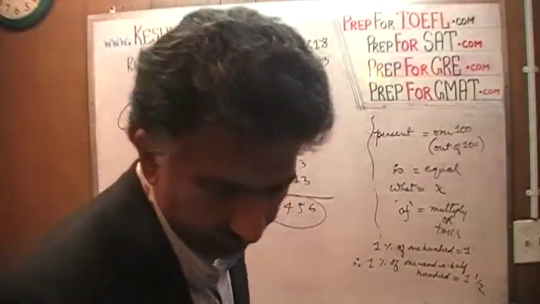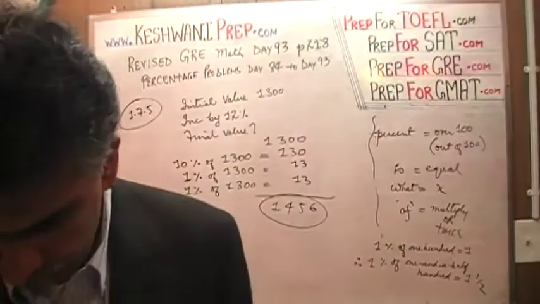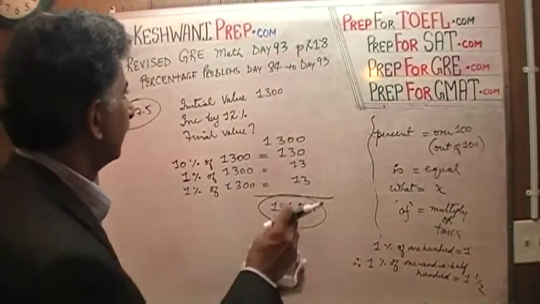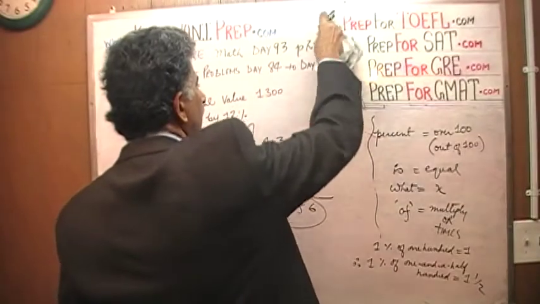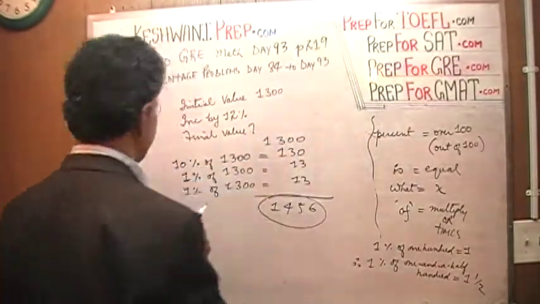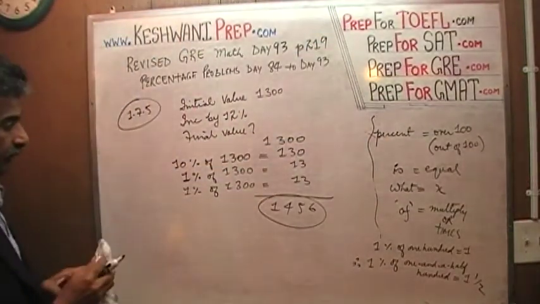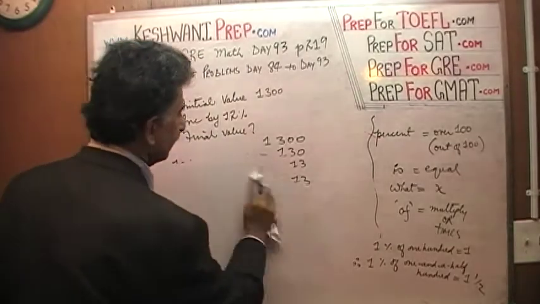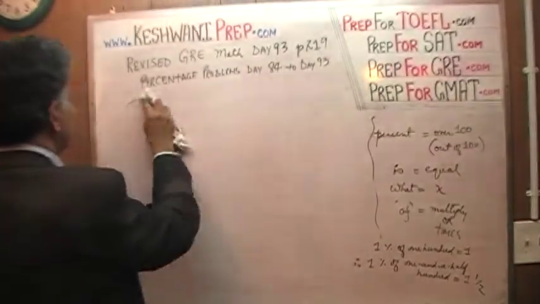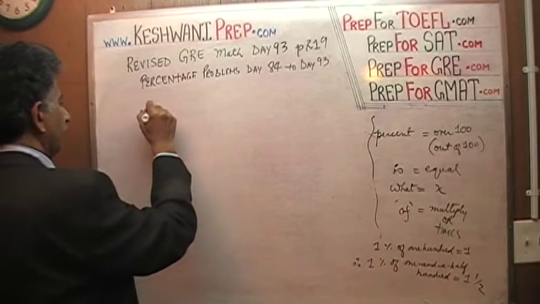The next problem that I want to do is the one that you will find on top of page number 219. I need the room, so we need to erase this. Problem 176.